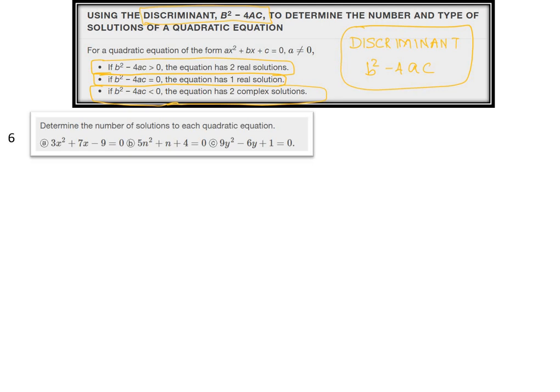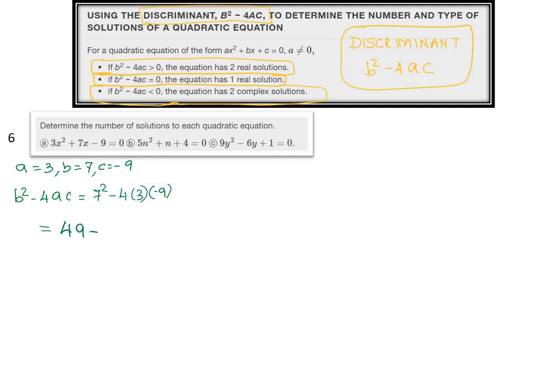Now let us do some problems regarding this. Without actually finding the solution, we can find the nature of the roots. First one, 3x square plus 7x minus 9 equals 0. a is 3, b is 7, and c is negative 9. So b square minus 4ac equals 7 square minus 4 times 3 times negative 9.